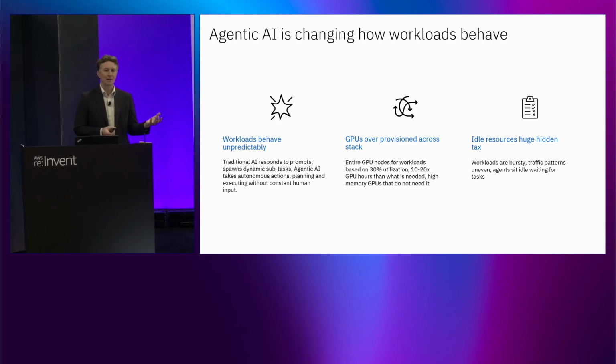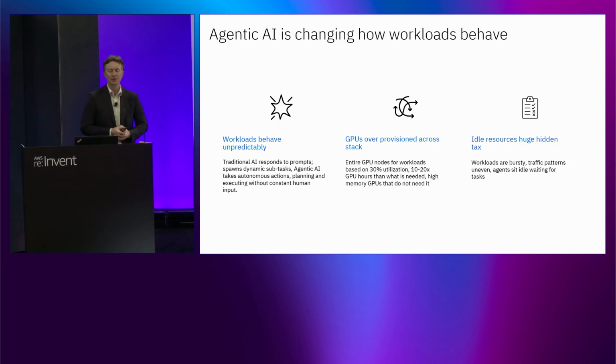One user request, for example, can come in and create hundreds of downstream tasks, and this leads to over-provisioning of GPUs. You see issues with throttling and spiking, and as evidenced here, we've seen customers who have to deal with over-provisioning, sometimes with utilization of 30% of what it should be, and 10 to 20 times the GPU hours really needed.